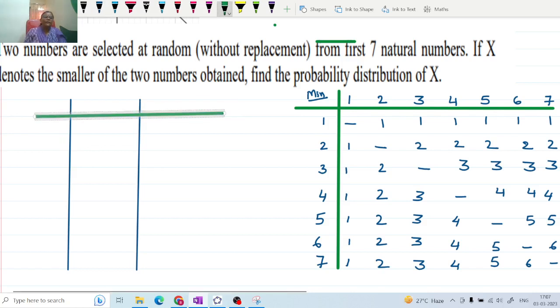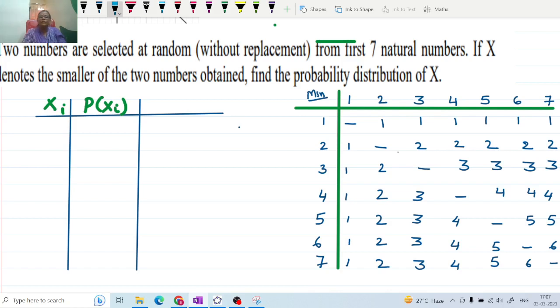So let's write down. Let me have this as X. Now what is Xi in fact? What are the least values that you'll see here? It is 1, 2, 3, 4, 5, and 6. Right?